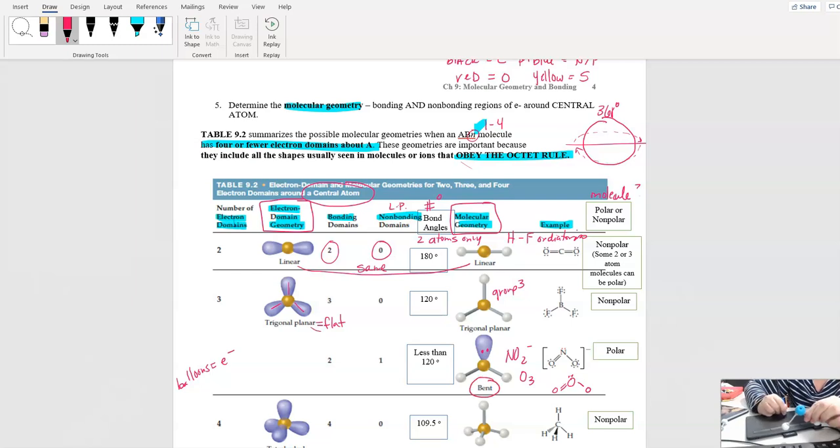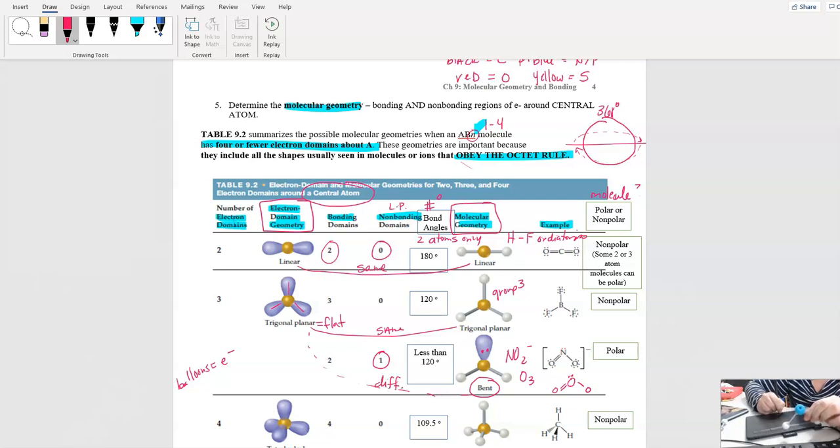So notice these two, because there is no lone pairs, they have the same name for the electron geometry and molecular geometry. But because this one does have a set of lone pairs, these two names are different. Okay, so different shape names.